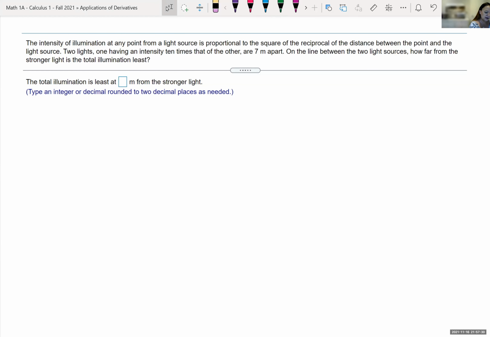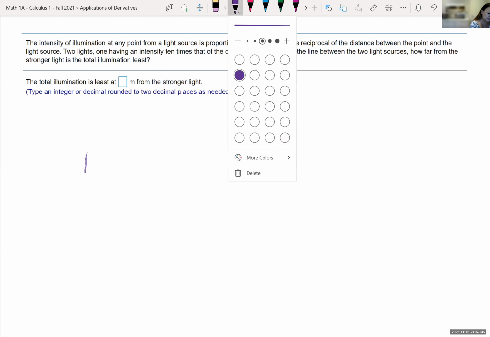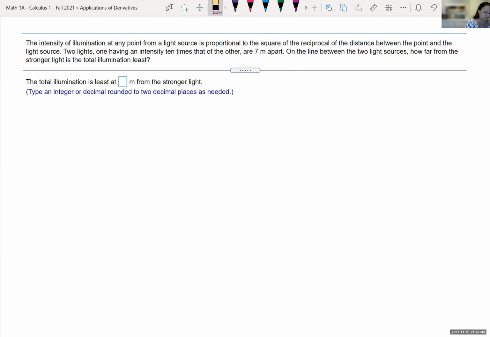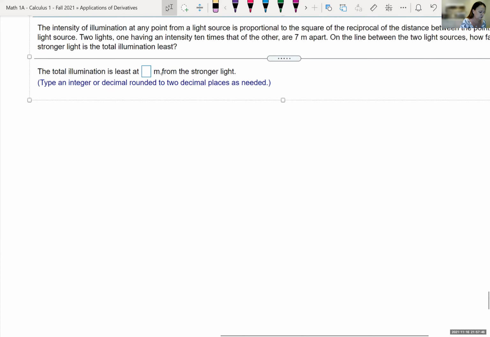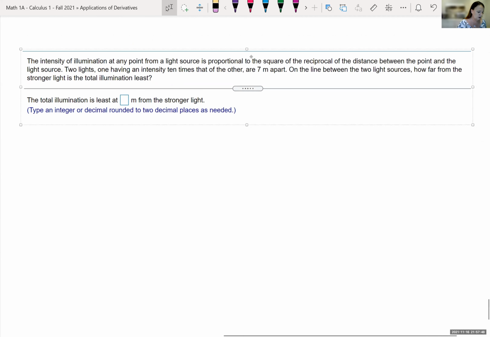Okay, so you've got two light sources in here, and it doesn't matter where we put them. I'm going to blow this up just to get myself some bigger pens. So we've got our two light sources in here, and we're given that they are 7 meters apart.